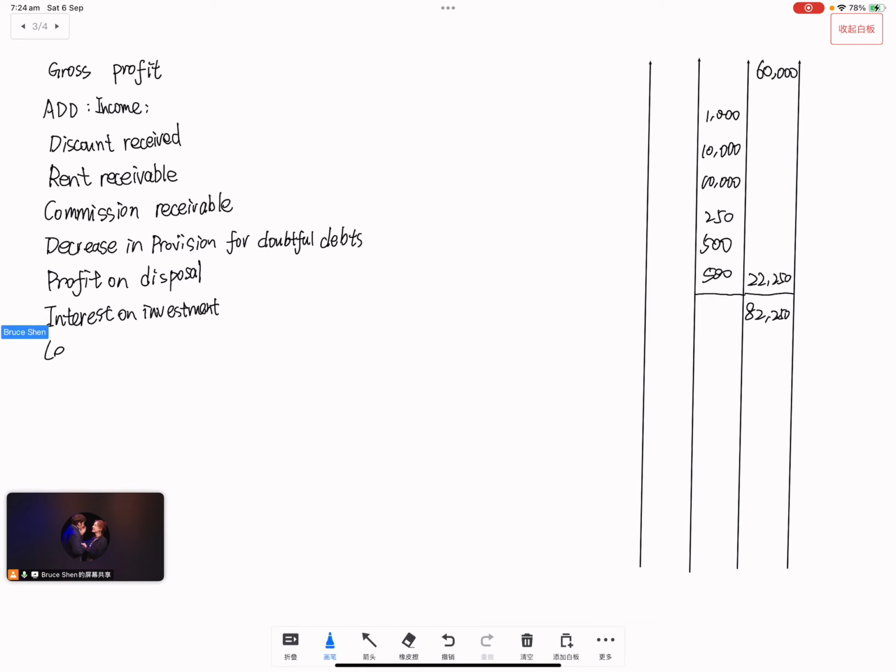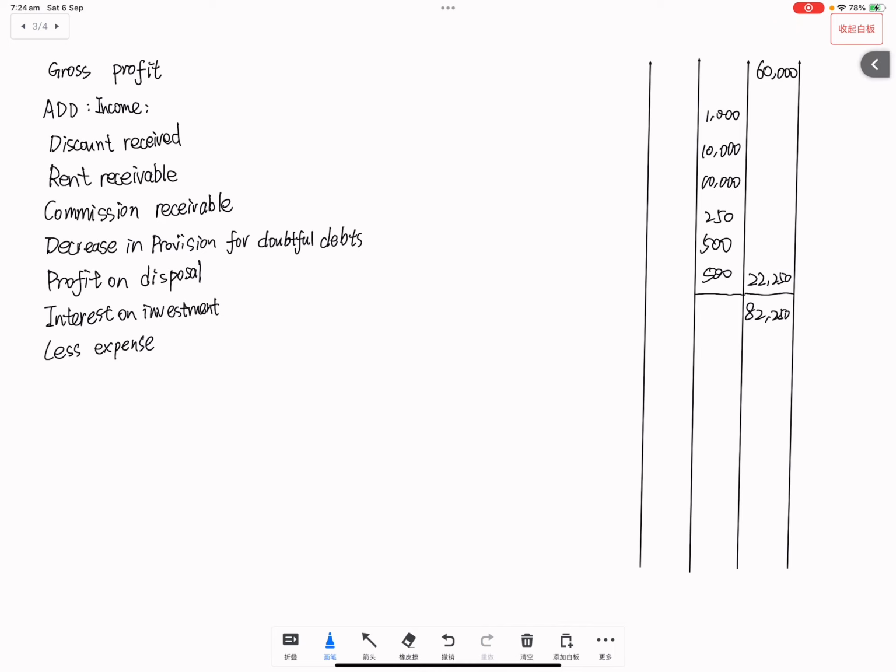Expenses are also straightforward. Just like what I've said, rent expense 10 grand. Carriage outwards. Yeah, the other carriage we recorded here, carriage outwards, because it is an expense when you deliver goods to your customer. Record here. Also 10,000.